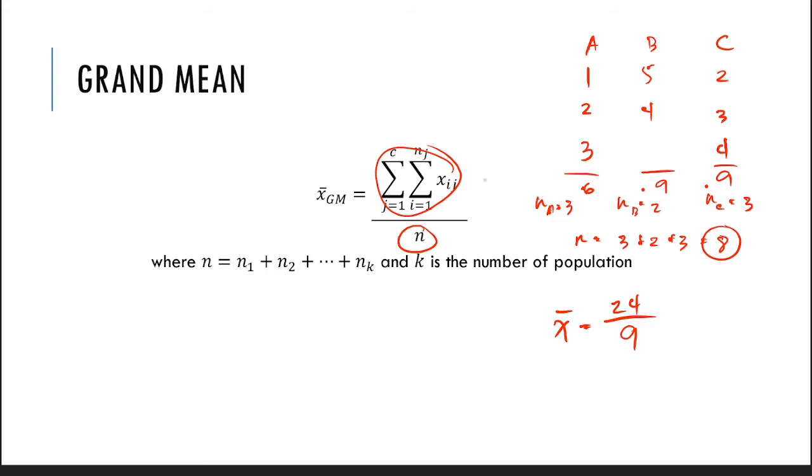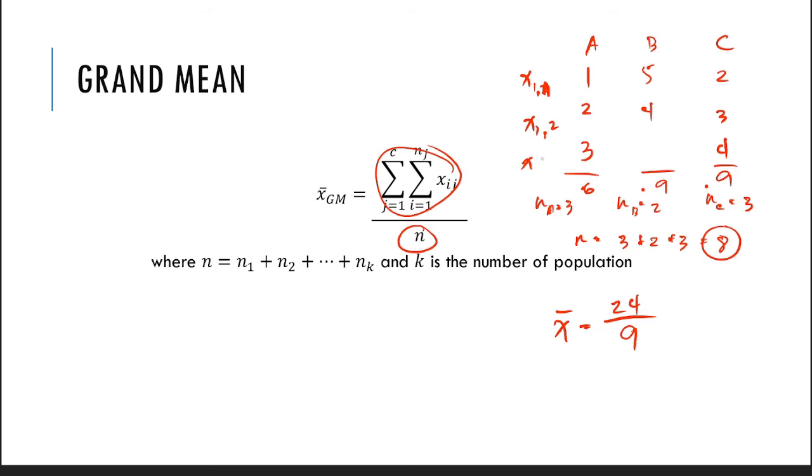But ang ibig lang sabihin niyan kasi, pag sinabi niyang xij, yung ij mo kasi, that will be your row and column. So, itong 1, that will be our x1, comma 1, sorry. Then, itong 2, that will be our x1, comma 2. Kaya siya naging xij.